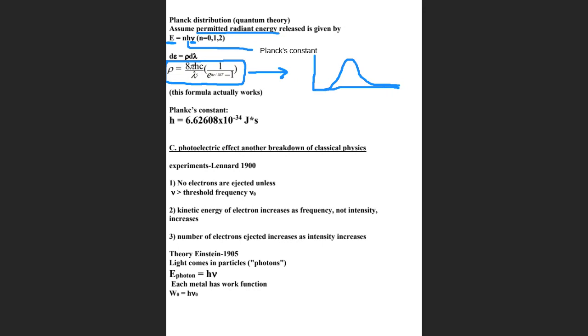And in the process, Planck had to invent a fudge constant, which worked out to 6.62608 times 10 to the negative 34. The units of the constant are joules times second. You see that the constant again appears in this formula here, but we're not going to do any kind of problem solving with this formula.